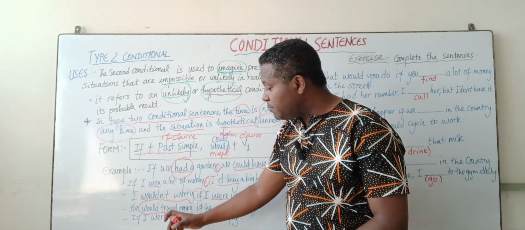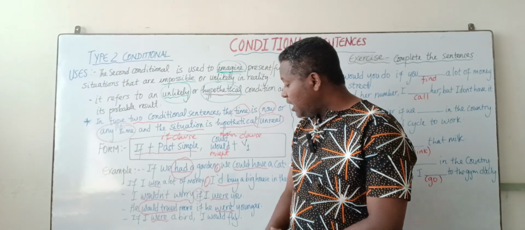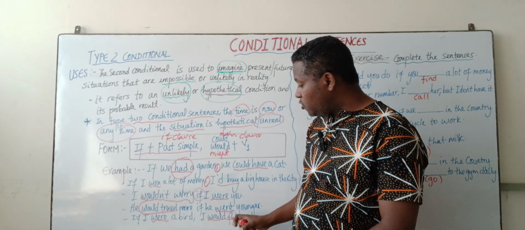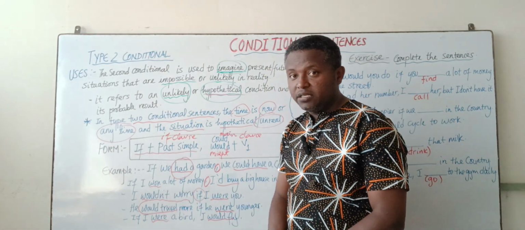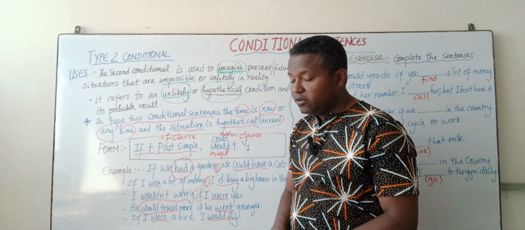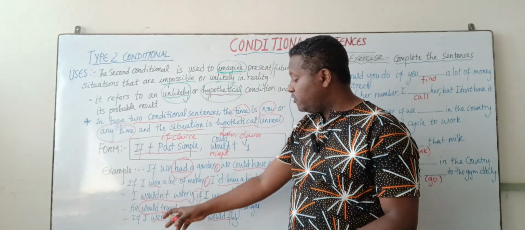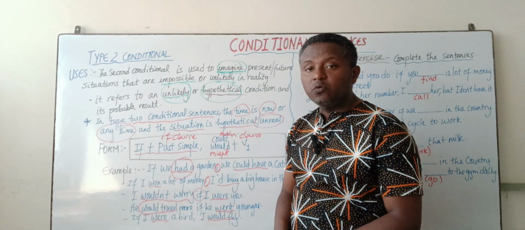The other one, for example, if I were a bird, I would fly. Because the situation is imaginary or hypothetical, we use were with I, right? So if I were a bird, I would fly.